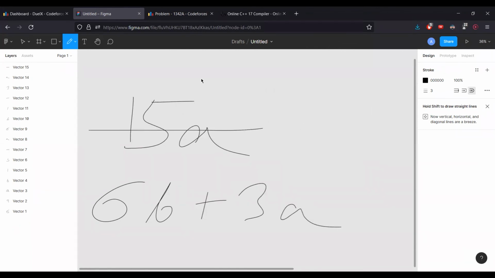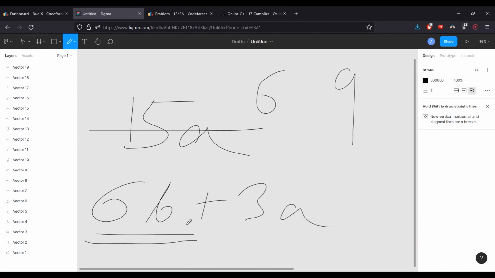Strike that off. Now we need to figure out 6b plus 3a. How do we do that? See, if you remember, the numbers are 6 and 9. Right. So see, the smaller number is multiplied to b. See, I didn't do 9b, I did 6b. I subtracted the smaller number from both the numbers. Got that?